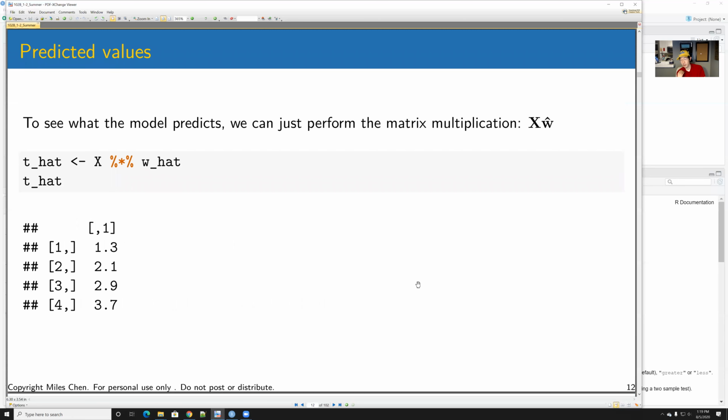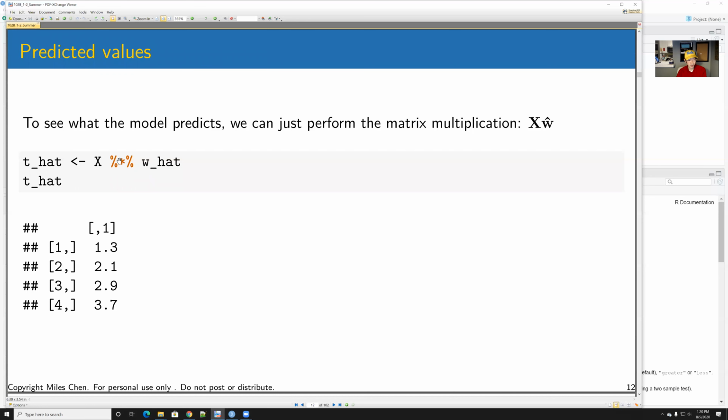If you want to see what values you predict, you can just take in a new value, or your matrix of values, and multiply it by W hat, and these would be the predicted values. So you just plug in the numbers you have, and here we would just do X multiplied by our estimated W hat matrix.